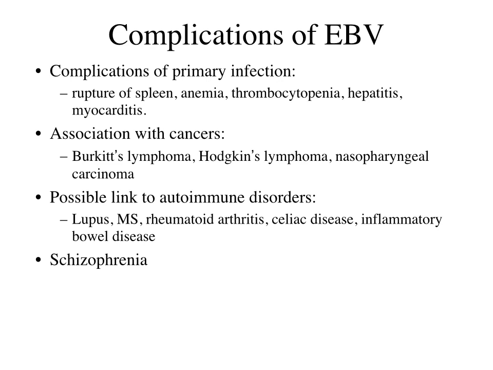EBV infection can increase the risk of developing certain rare cancers. This is because mutations in cells infected with EBV can lead to dangerous changes. Some types of cancers that are associated with EBV include nasopharyngeal cancers, Burkitt's lymphoma, and Hodgkin's lymphoma.